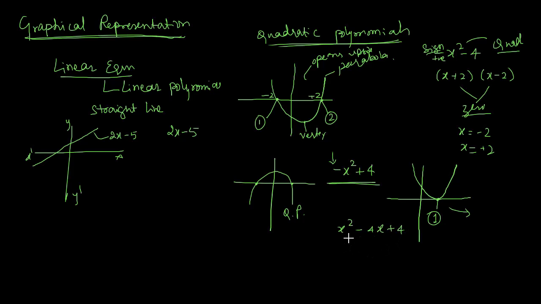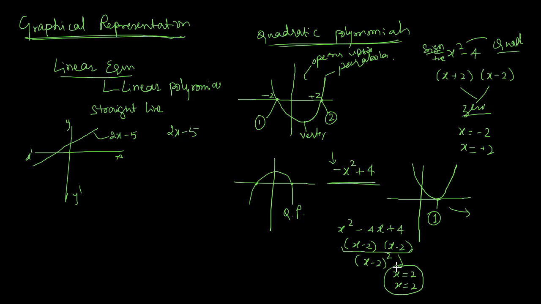I think this should be x minus 2 and x minus 2. X square minus 2x minus 2x plus 4. Yeah. So if you look at it, it is x minus 2 whole square, but these two are my factors. Those two are zeros, so that means x equals 2, and another one is also x equals 2.